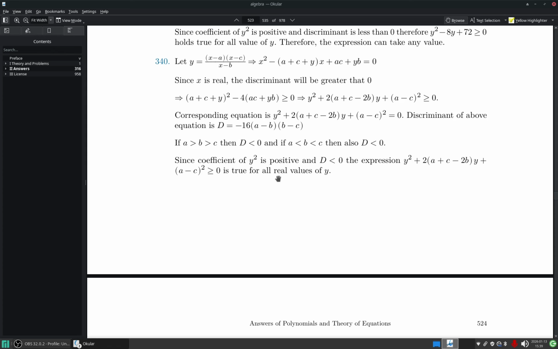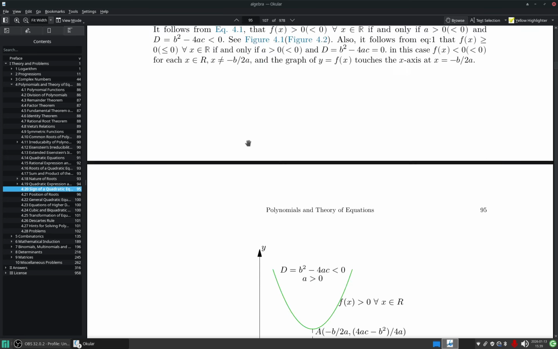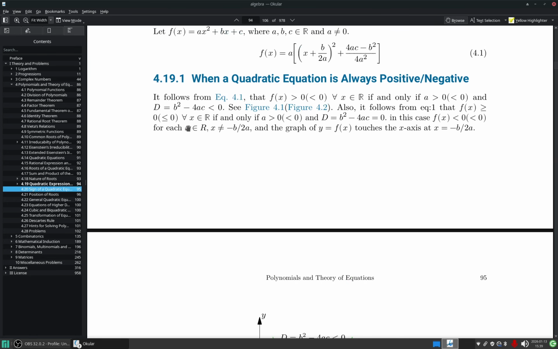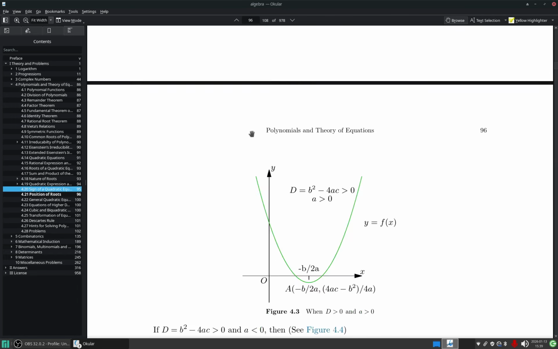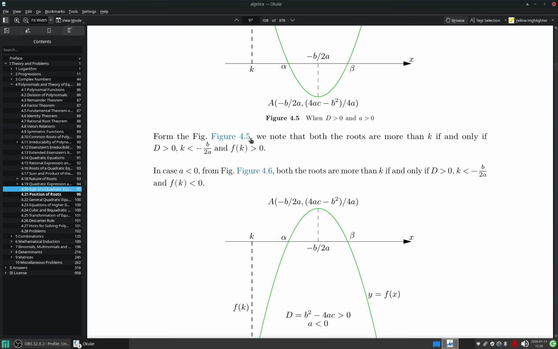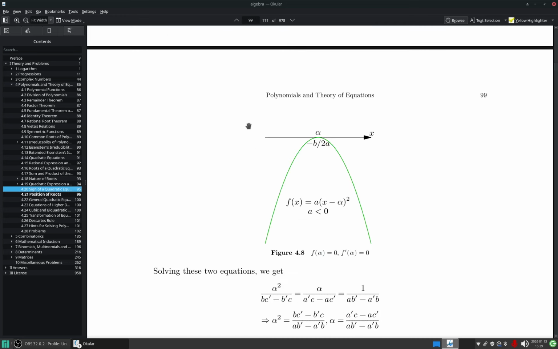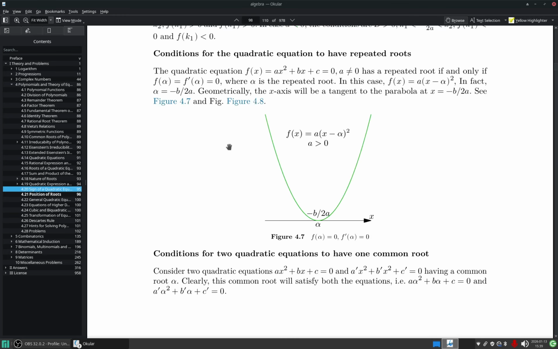Now since we have come to the last part of this, what you need to understand for this is, let me show you. You need to understand this section, 419.1. If you understand 419.1 and 420, then you will understand how we solve the problem. I'll suggest that you download the PDF. No, this is for common roots.